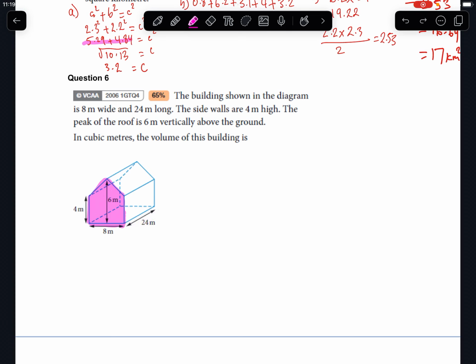Let's find the area of the front side of the house. There are two shapes, a rectangle and a triangle. We find the area of the triangle first, which is base times height divided by 2. The base is 8. Because the total is 6 and the wall is 4, the height of the roof piece is 2.